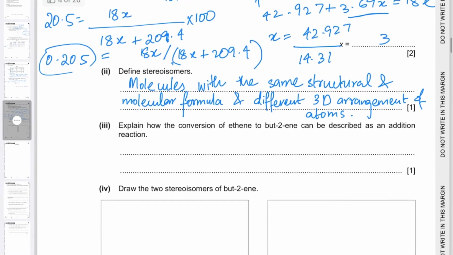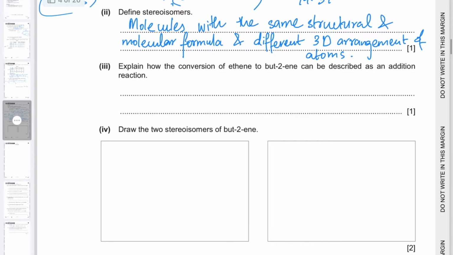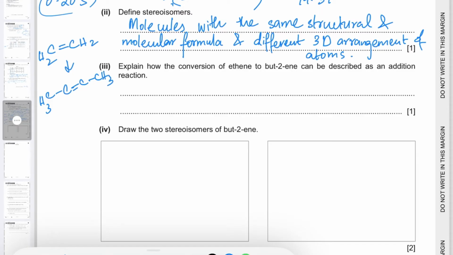Part 3, explain how the conversion of ethene to butene can be described as an addition reaction. So ethene is a 2-carbon compound that is converted to butene, which has 4 carbon atoms.